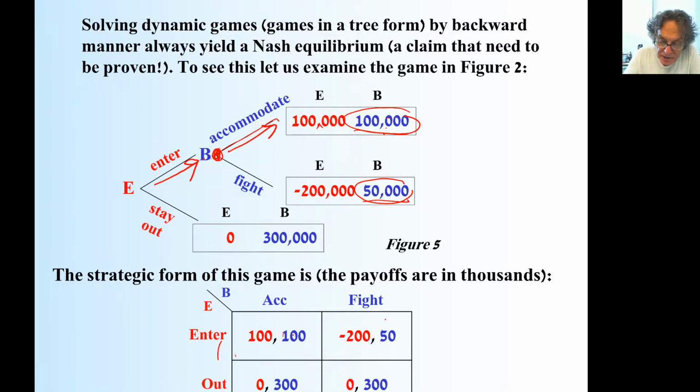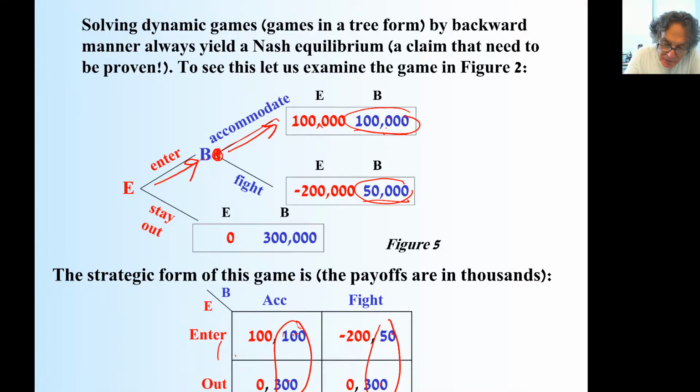If B fights, she can get 50 or 300. If she accommodates, she can get 100 or 300. So why fight if by accommodating I'm getting at least as much or maybe more? As you can see, fighting is a weakly dominated strategy.